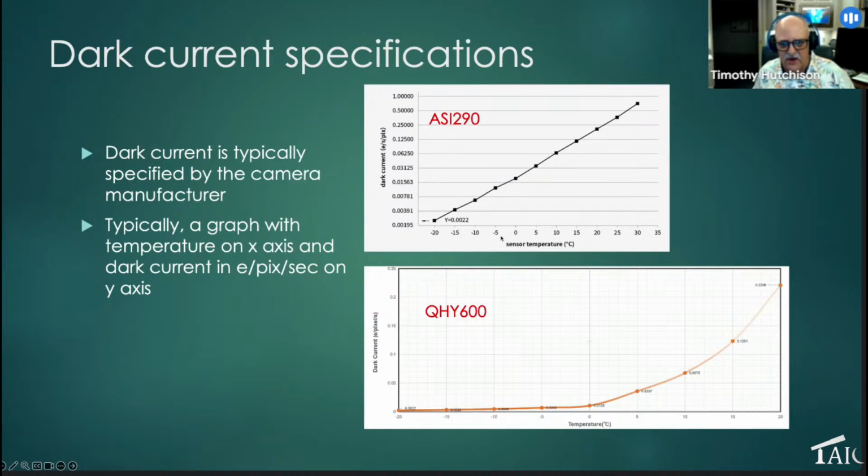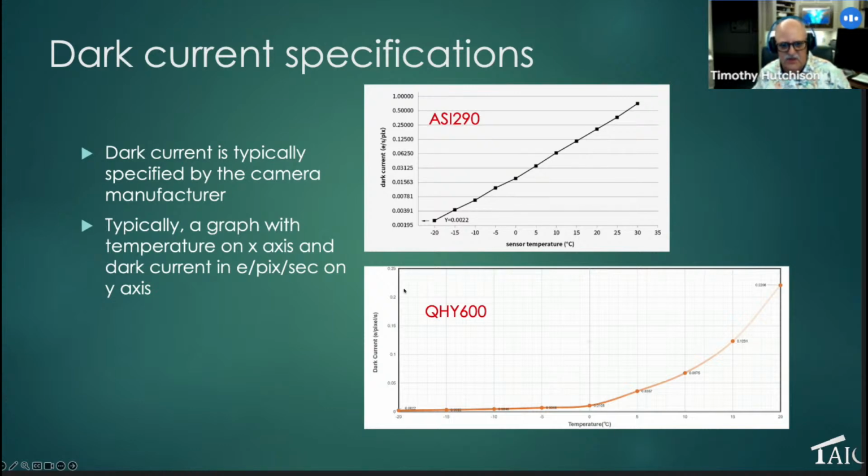And so you can see here for the ASI 290, for example, that at 0 degrees C, we have around 0.017 or 0.02 electrons per second per pixel that gets induced into that photodiode. If we look at the QHY 600 around 0C, we have 0.015 electrons per second per pixel that get induced in there as current that we're going to pick up as signal when we read our image.